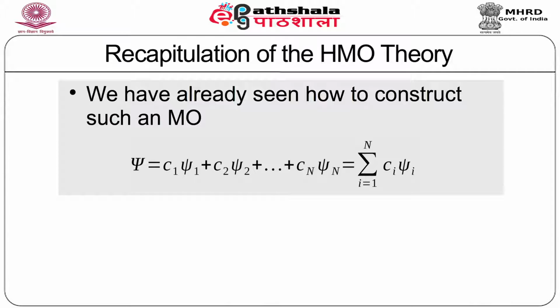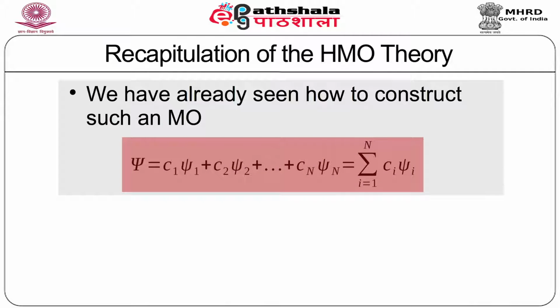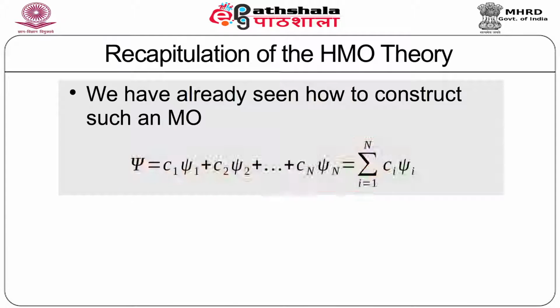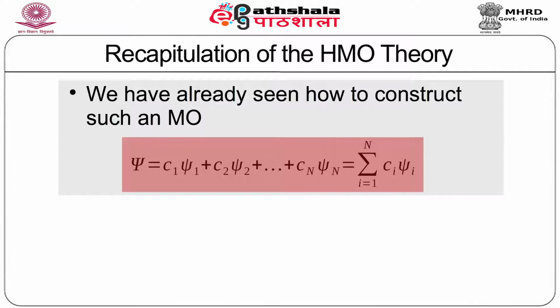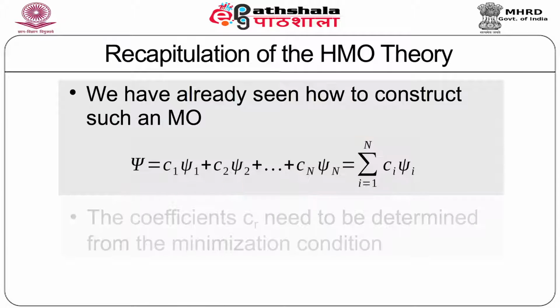For example, in this equation, the big psi, that is the molecular orbital, is written as a linear combination of the small psi's, psi 1, psi 2, psi 3 up to psi n, which are the atomic orbitals. And this is written as C1 psi 1 plus C2 psi 2 plus up to Cn psi n, that is, sum over i equals 1 to n of Ci psi i.